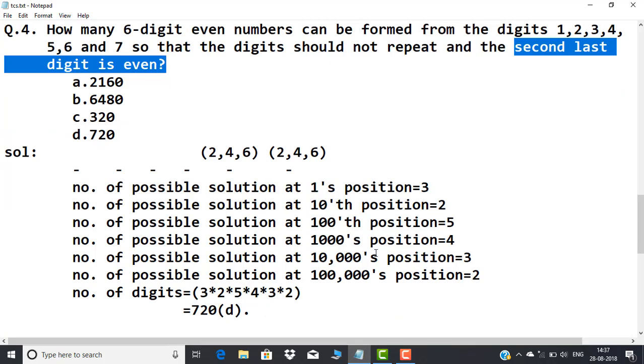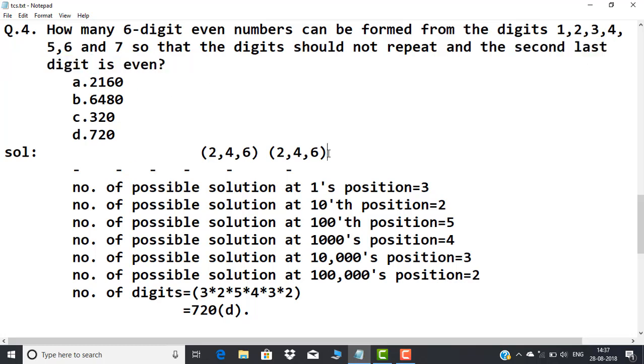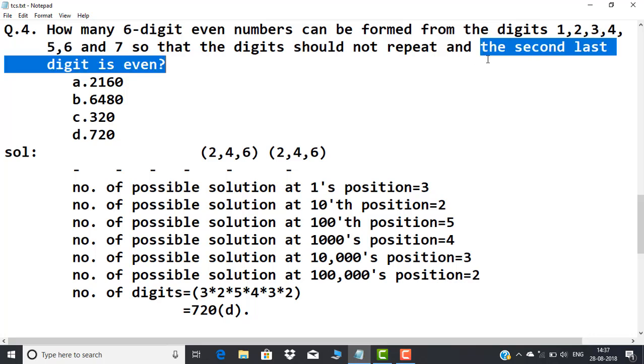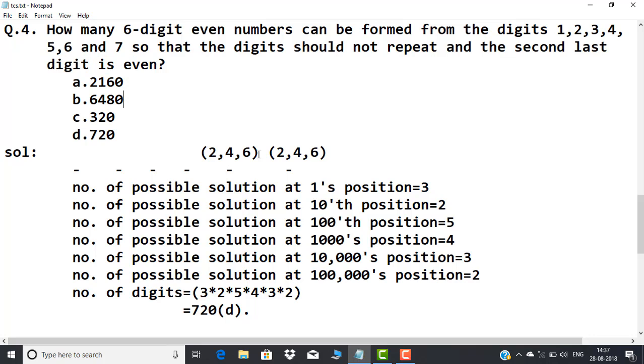So friends, suppose here we have taken 6 positions, 1 2 3 4 5 6. As it is given that the number is even, the first position must have an even value, that is 2, 4 or 6. It is also given that the second last digit is even, so our possibilities for the second last digit will be 2, 4, 6.